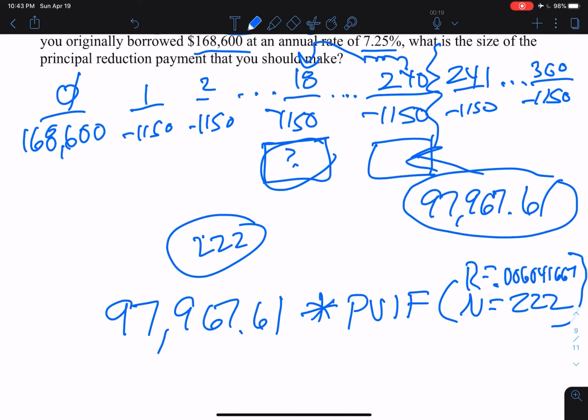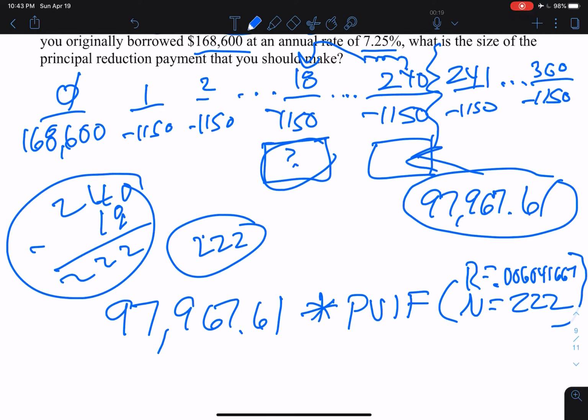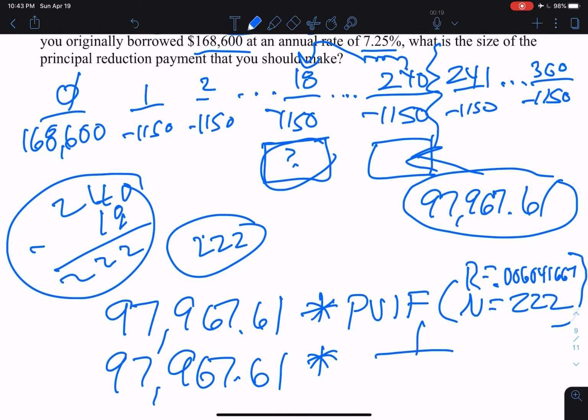Why is it 222? Because 240, going back to date 18, is 222 periods. That's why. Okay? So this, just to make sure we get it, is 97,967.61 times 1 over 1.0060416667 raised to the 222nd power. And that is our answer.